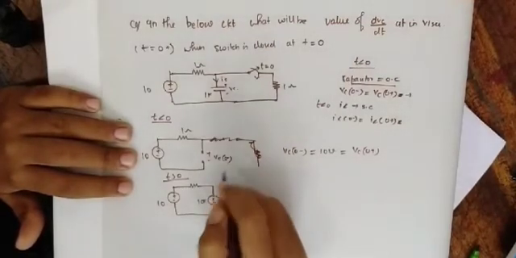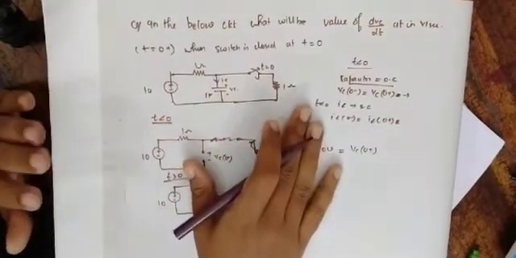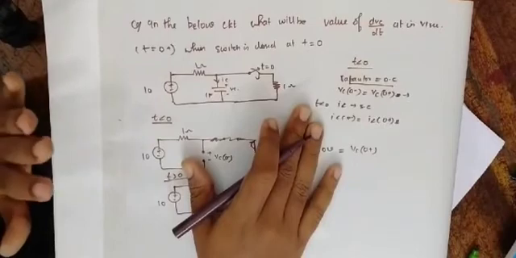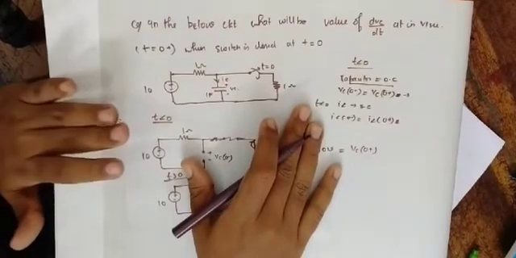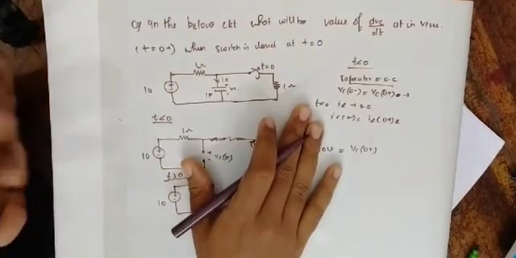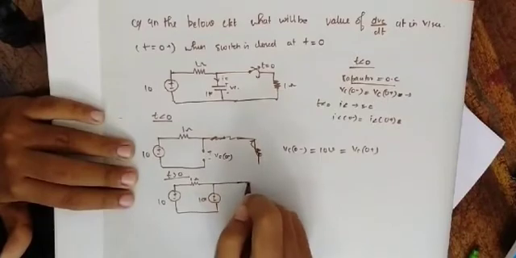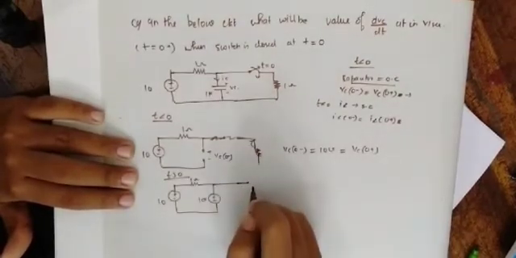That is a basic principle, please don't forget it. In these kind of questions, it is very important to use the concept that capacitor will not allow sudden change in voltages and inductor will not allow sudden change in current.